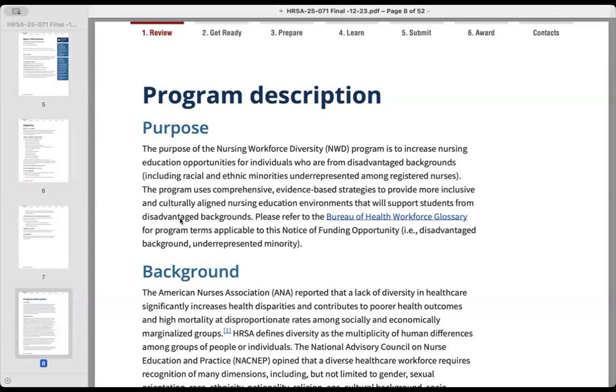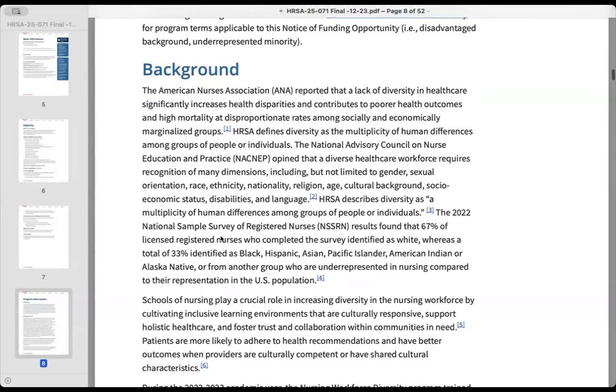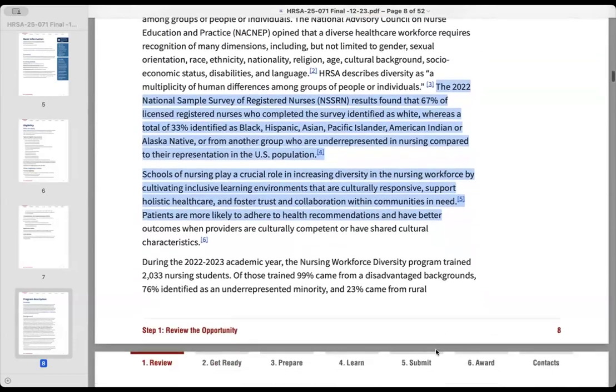This is the nursing workforce diversity program, which is also run and has, although the exact definitions of diversity have varied, it is pretty easy to argue for the need for diversity in all areas of healthcare because the patients are just as diverse as this country and everyone in it. Now, this even gives you some introductory information about some of the disparities here, and the ANA and other organizations have written about the need for diversity as well.